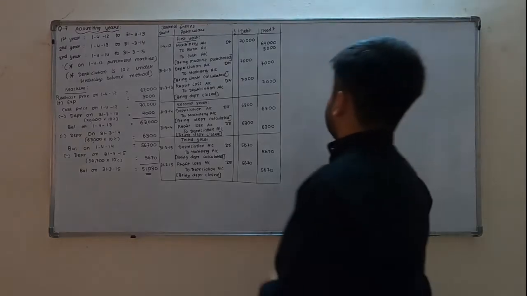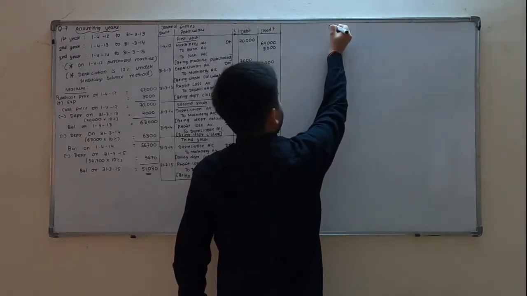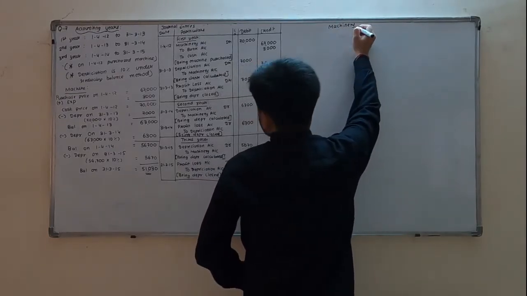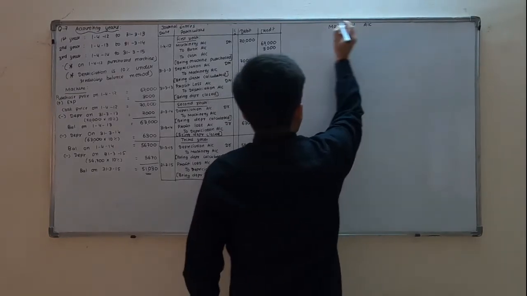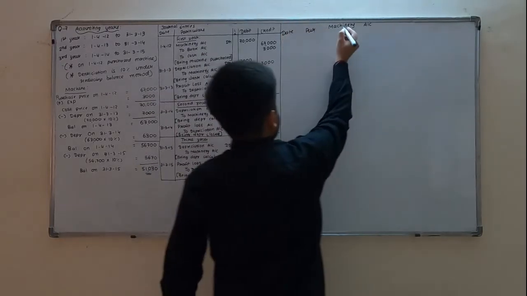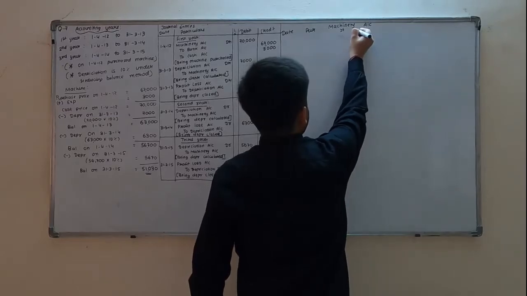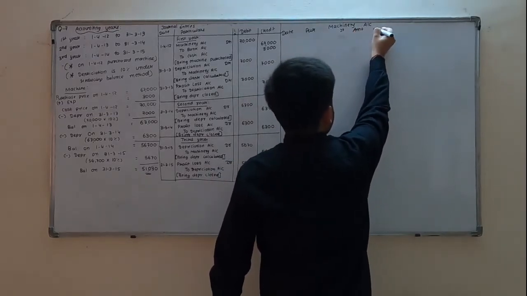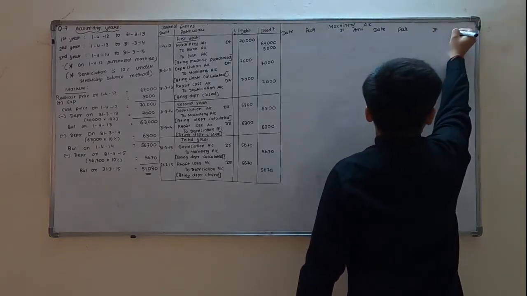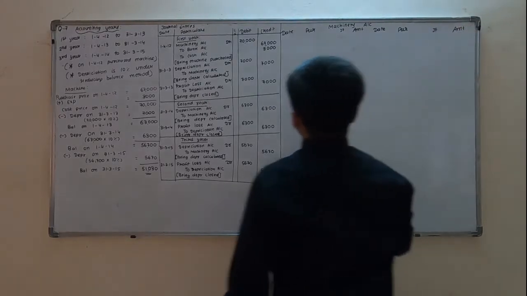Now machinery account and depreciation account. That is date, particulars, JF, amount, date, particulars, JF and amount.